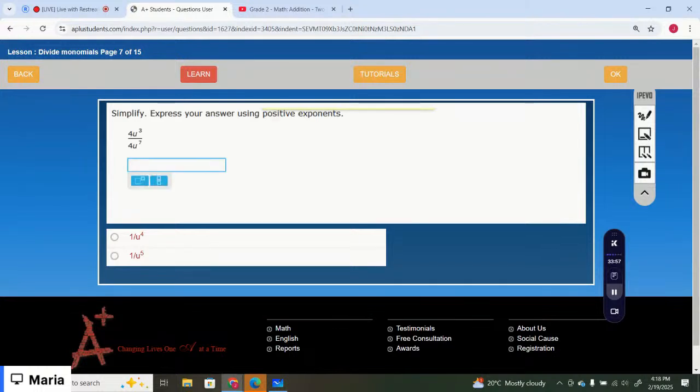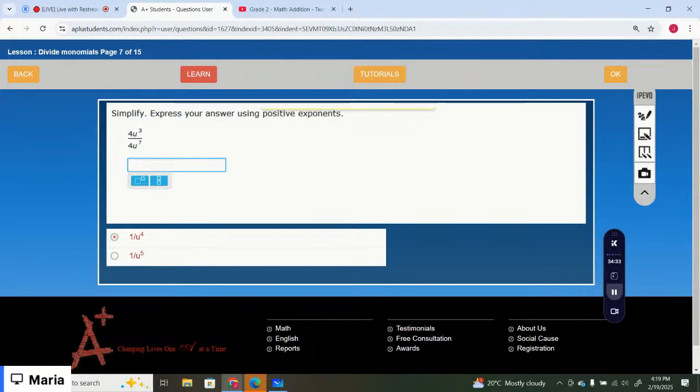4u cubed divided by 4u7, which is the correct option? That is 1 divided by u4.